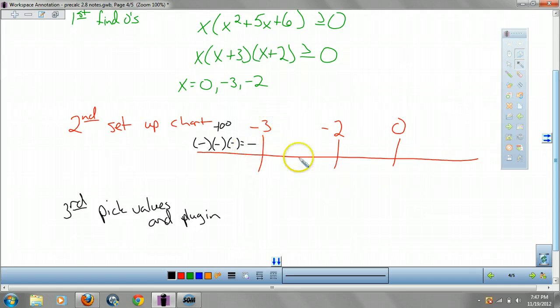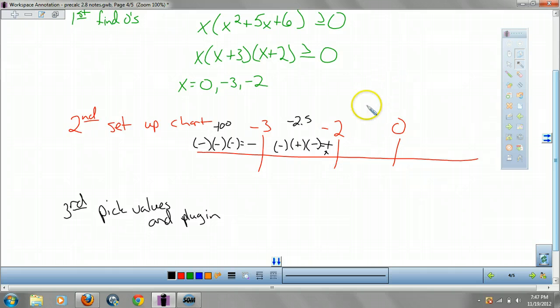Now let's try the next one. Negative 2.5 is the only one I can actually try. Negative 2.5 is negative. Negative 2.5 plus 3 is positive. Negative 2.5 plus 2 is negative. So this ends up being positive. It's going to be important.